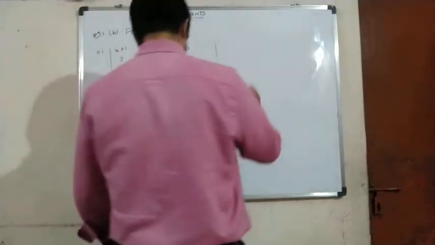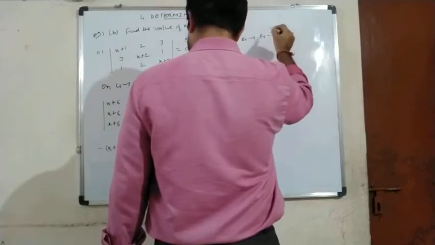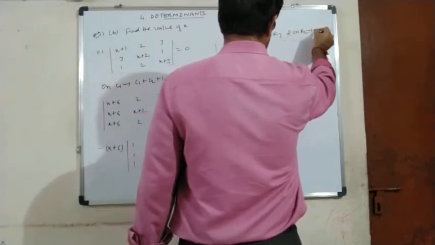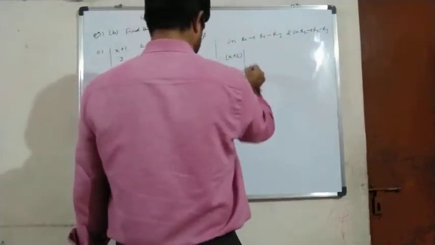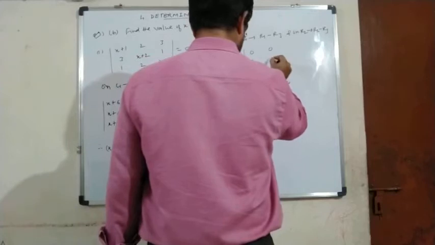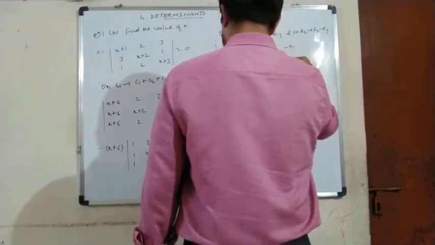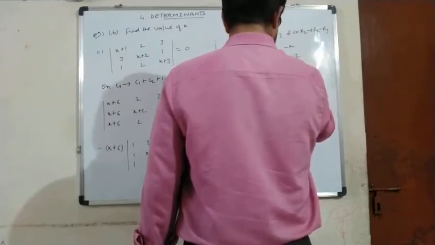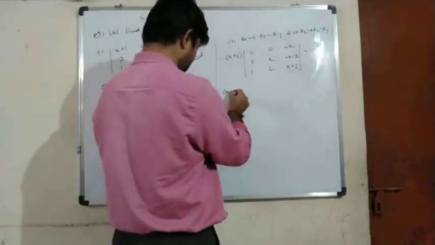Now on R1 minus R3 and on R2 minus R3 we will do, and therefore we get x plus 6, 0, 0, 1, then minus x, 0, x, 2, then minus x, 1 minus x minus 2 and x plus 3. So now let us expand along first column.